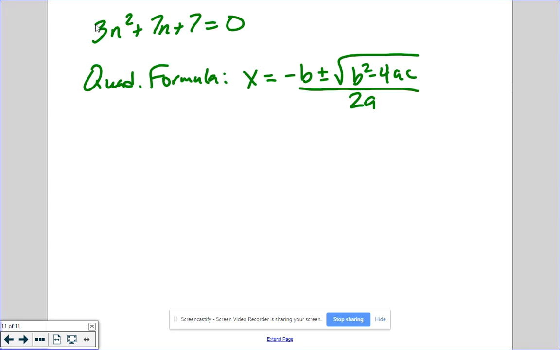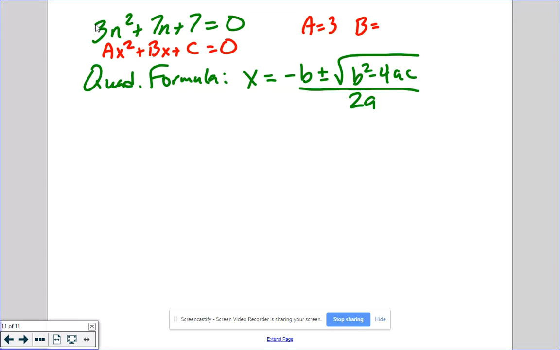But the thing you have to be careful on with the quadratic formula is you have to correctly identify what is A, what is B, and what is C. So in this case, I always just write below it standard form, ax squared plus bx plus c, which in this case it's not x, it's n, but you get the same concept. So what's my A value? 3.